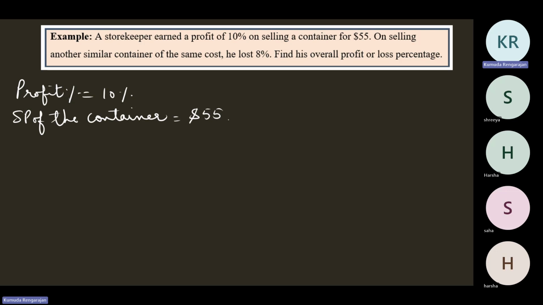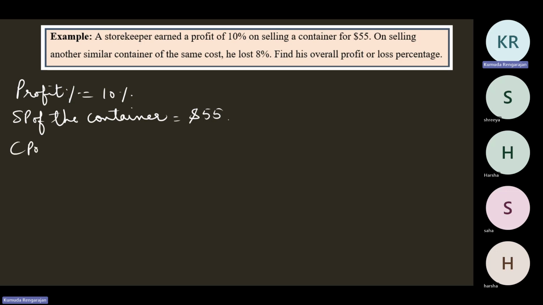Given the profit percent and the selling price, you can find the cost price, right? Let's do that first. Let's not read the question ahead. Now we have enough information to find the cost price. Profit percent is 10% and the selling price of the container is $55.